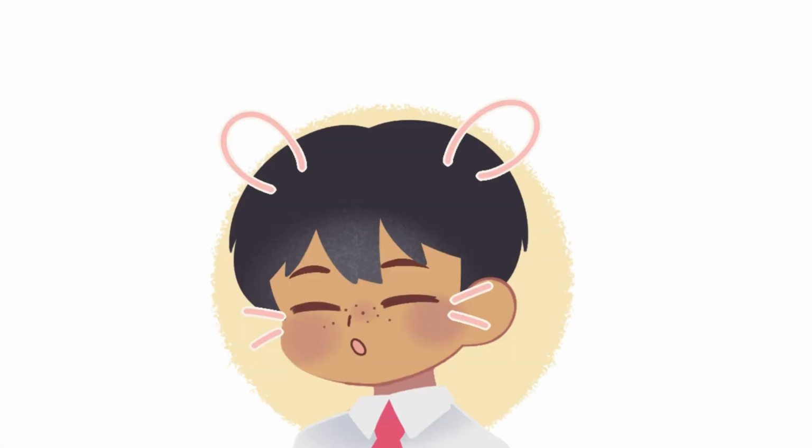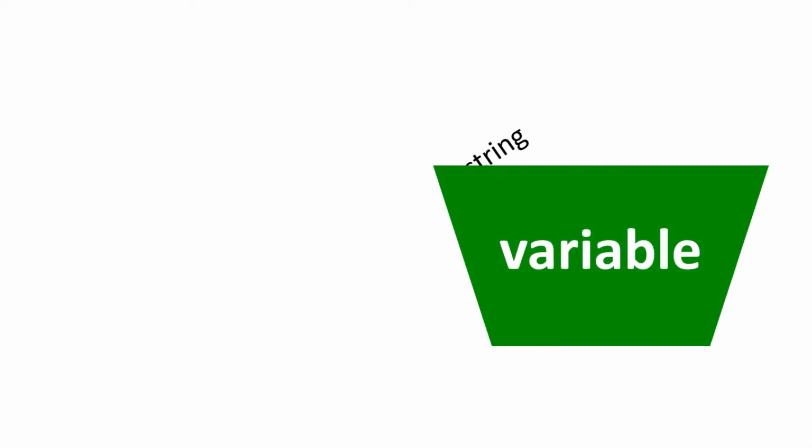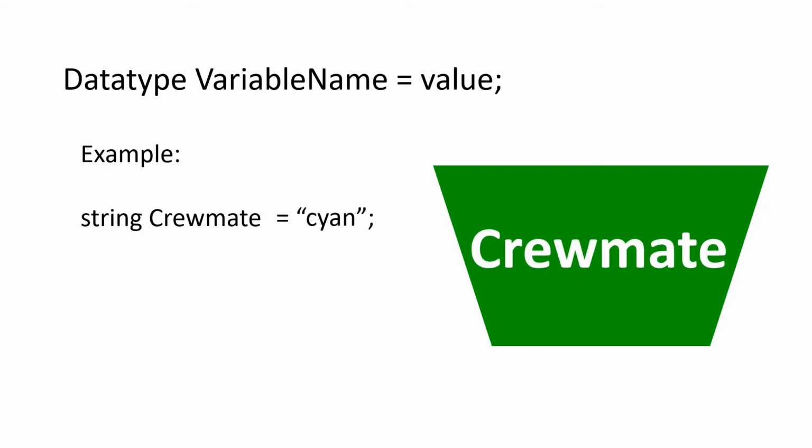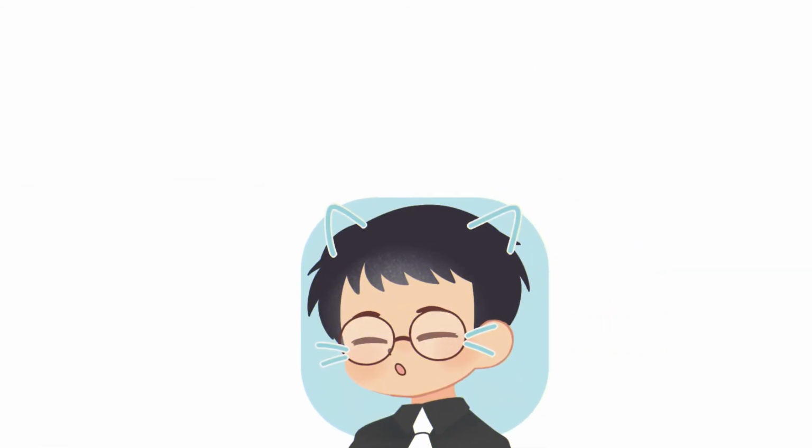And now, let's talk about variables. Variables are containers that can store values for future use. The syntax for variables is data type, variable name equals value. The data types can be divided into two groups, primitive and non-primitive data types.